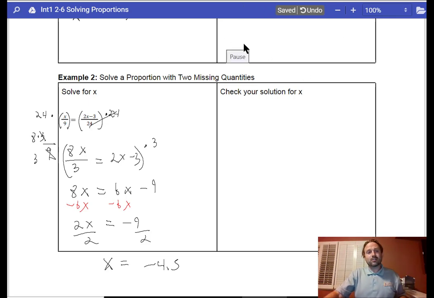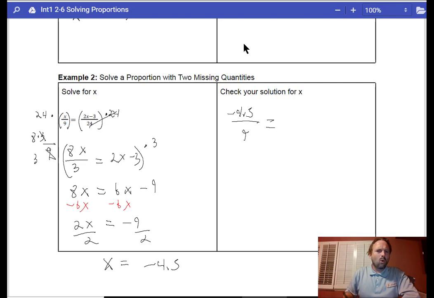Well, now let's check our solution. If we check our solution, we put negative 4.5 in for x over 9. That's a horrible, ugly-looking negative 4.5. And we do have 2 times negative 4.5 minus 3 divided by 24.